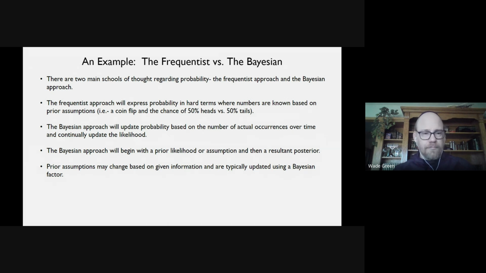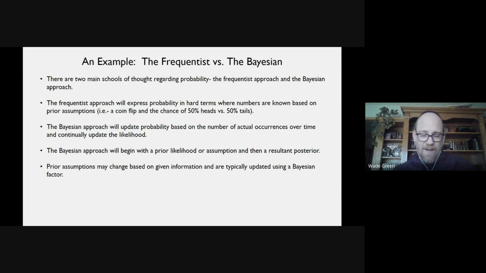But when we talk about statistics and research methodology, there are two main schools of thought regarding probability: the frequentist approach and the Bayesian approach. The frequentist approach essentially looks at probability in hard terms, where we know what a probability could be based off of a prior assumption. The easiest example to illustrate this is a coin flip.